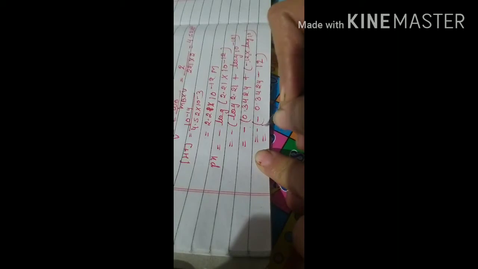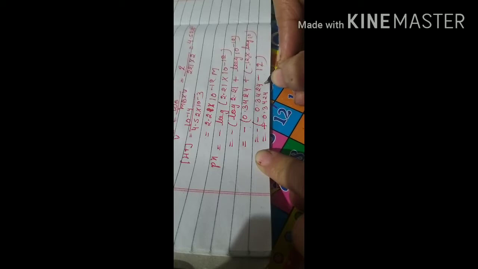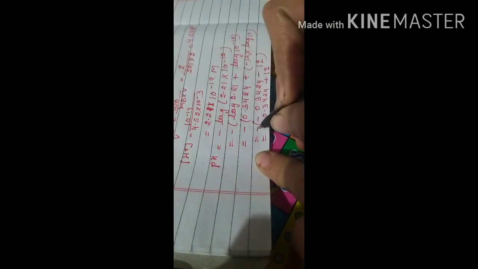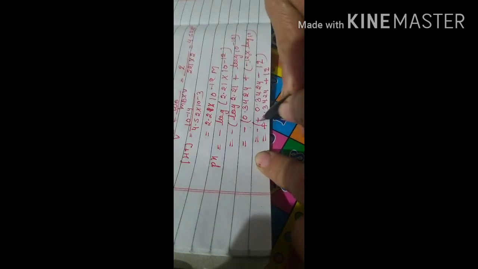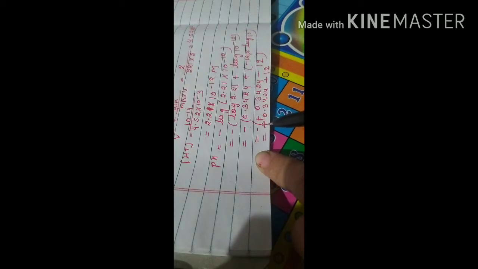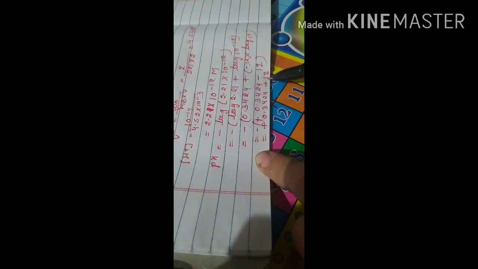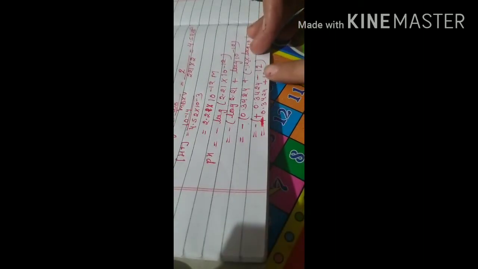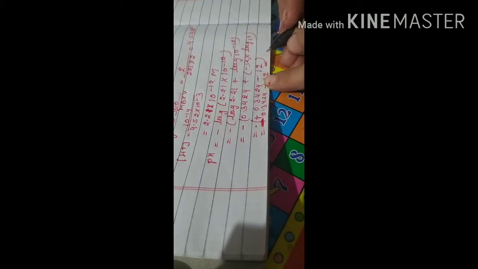Now if you multiply with this minus sign, this becomes positive 12 and this becomes negative 0.3424. So 12 minus 0.3424, you will get the value near about 11.66.